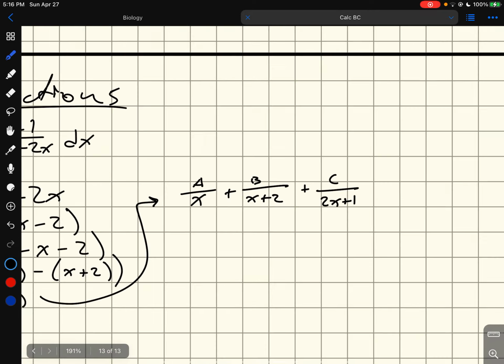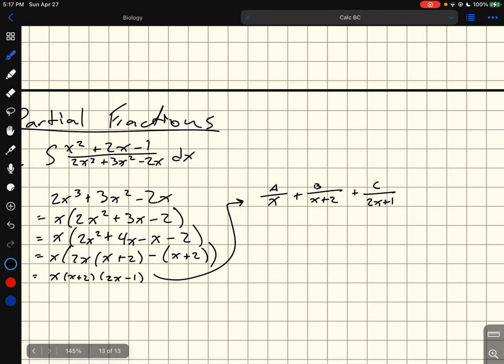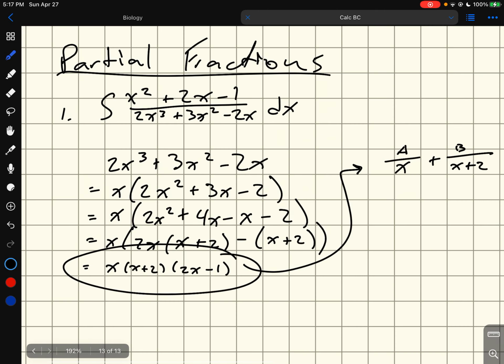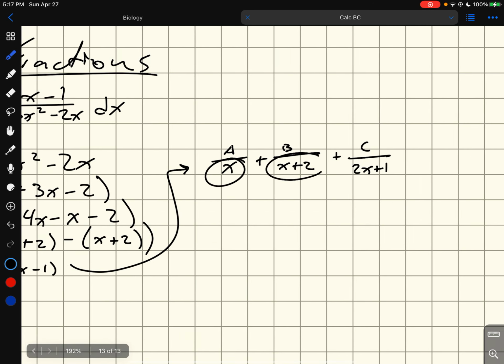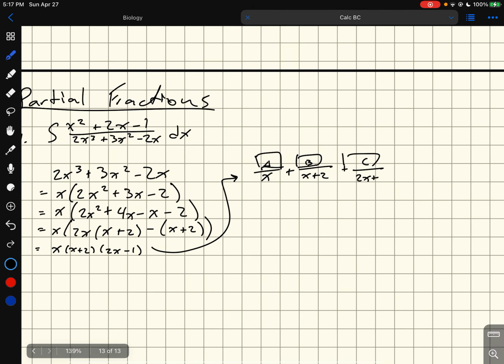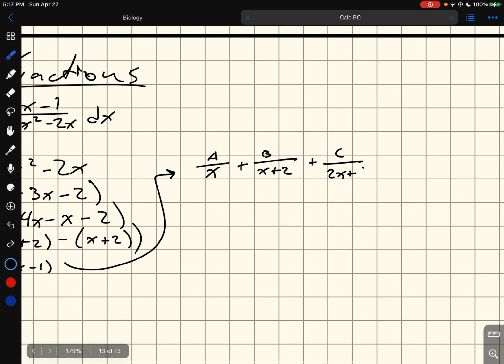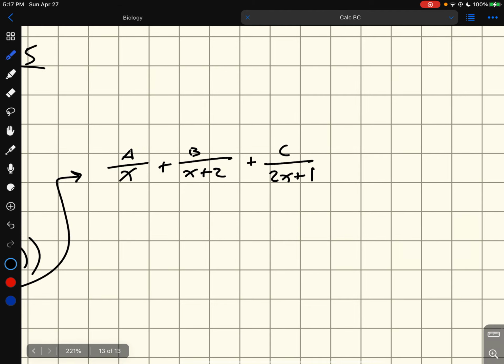And the reason this works is because these multiplied together give you this. And you have to multiply these together to get a common denominator so that you can add all of the numerators together. Oh, it's 2x minus 1.